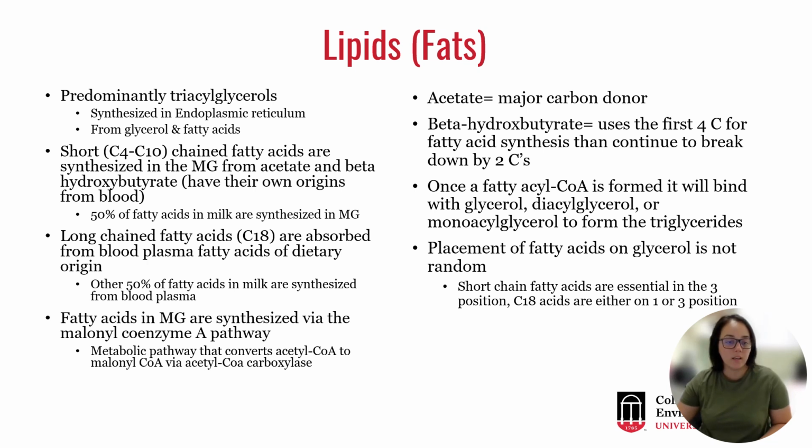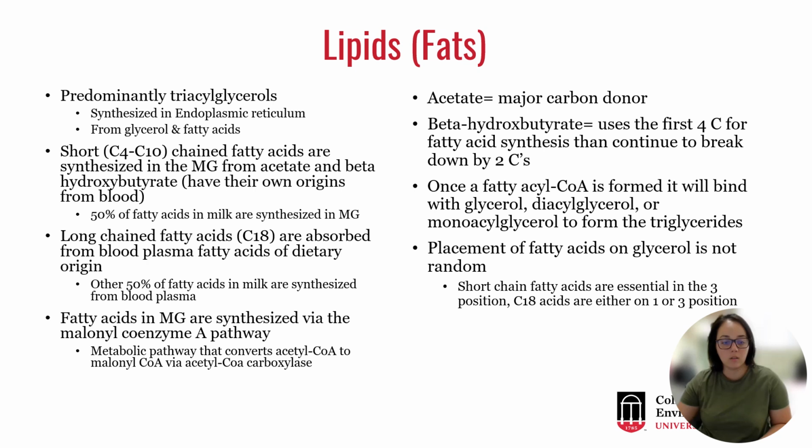50% of fatty acids in milk are synthesized in the mammary gland. Now, the long-chain fatty acids, those typically have 18 or more carbons, and they're absorbed from the blood plasma fatty acids that come from the dietary part of the cow.